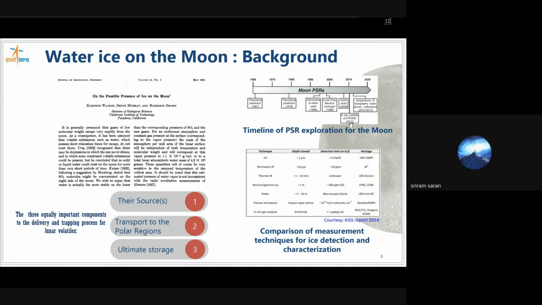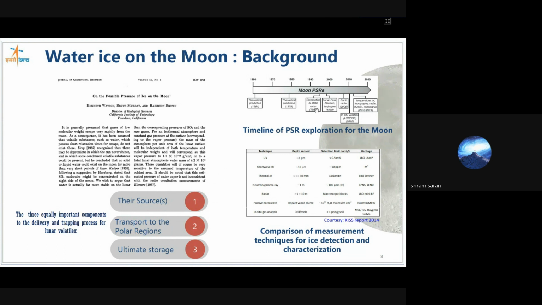Now, on the right, I have shown the exploration of lunar PSRs, that is the permanently shadowed regions, right from the 60s, where you have theoretical predictions, and then from the 90s, we have these actual observations of lunar poles that started from lunar missions.